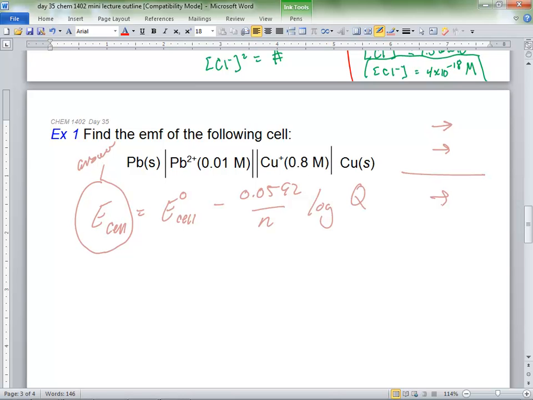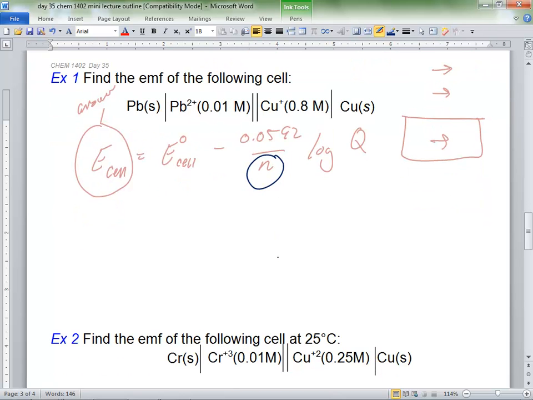You don't have to write these out, but you're going to have to anyway, because you have to find out N. You're going to have to find out what N is, so you might as well write out the half reactions. So I would write those half reactions.